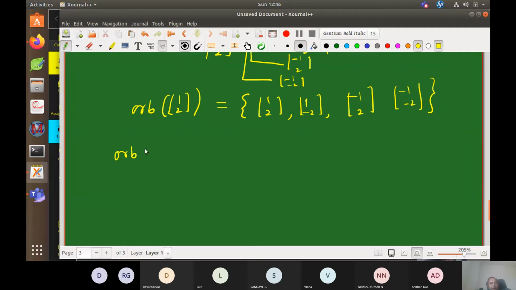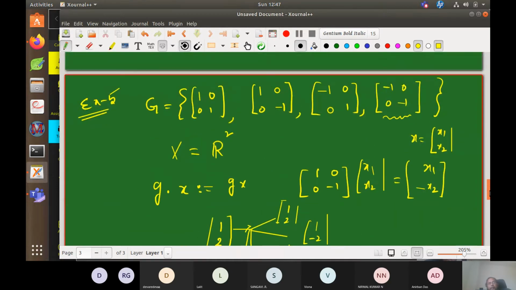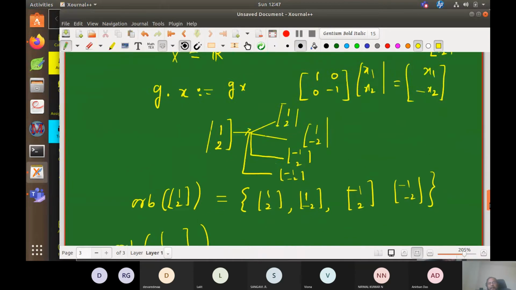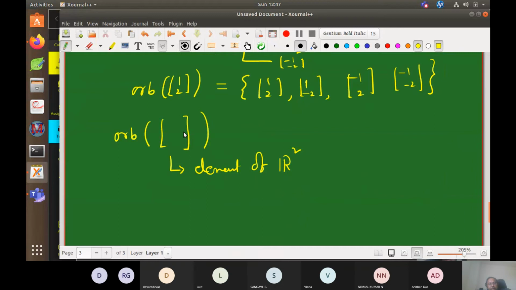Can you generally tell, this is an element of what? R2. So what is R2 in this particular example? My set X, G is acting on the set X. So this element is an element from X, the orbit of an x.